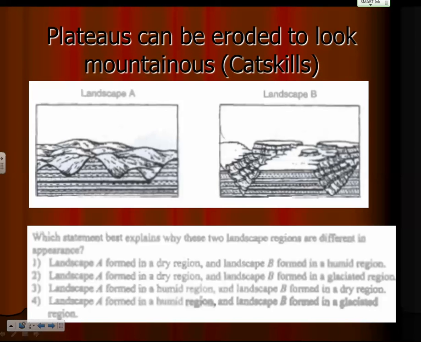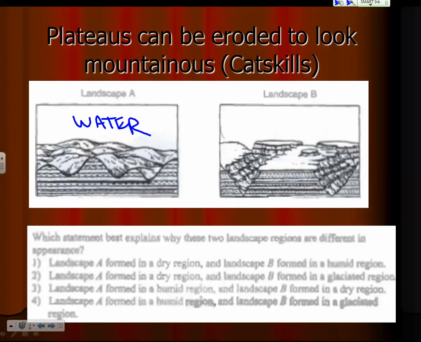Which statement best explains why these 2 landscape regions are different in appearance? It shows the same bedrock structure in both, landscape A and B, same underlying bedrock, but completely different surface topography. The surfaces look different. And let's go through the choices here. We're basically looking for something which is going to make this more rounded, and we know water tends to do that.